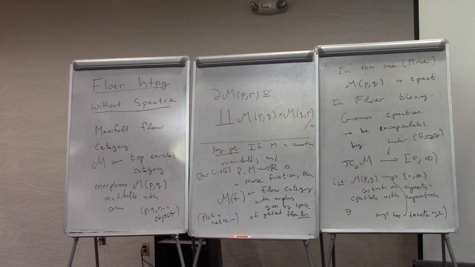So start with the free direct sum of copies of, let's say, S^0 for each point.